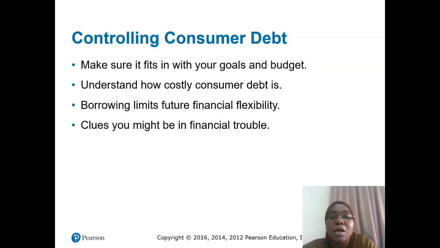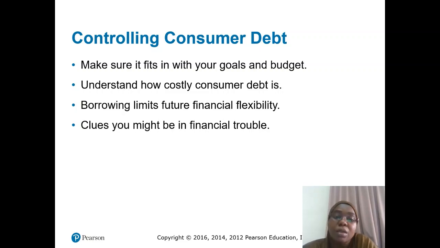Understand how costly consumer debt is before you go into any consumer debt contract. Borrowing limits future financial flexibility. Of course, you will not be financially flexible in the future, because some of the money you are supposed to spend in the future will be used for the repayment of that particular loan.